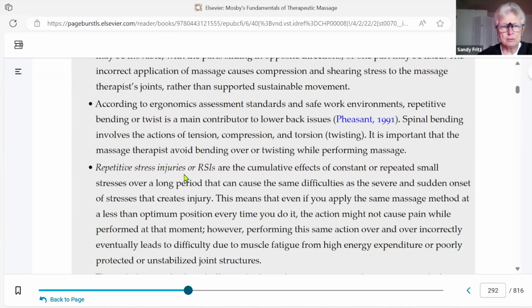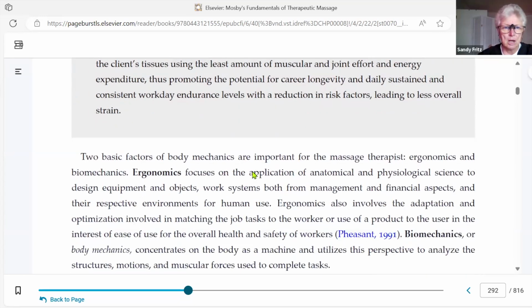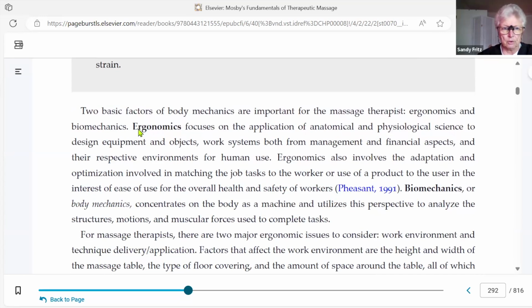Then we also have to be aware of repetitive stress injuries. If we aren't efficient, if we aren't using our body smartly, then massage therapists are prone to that. Okay, so ergonomics is the environment and the equipment. Biomechanics is your body.